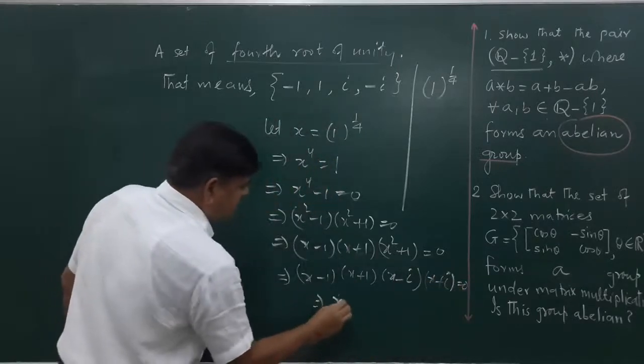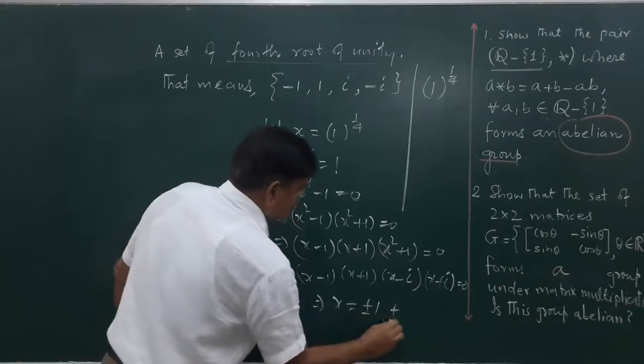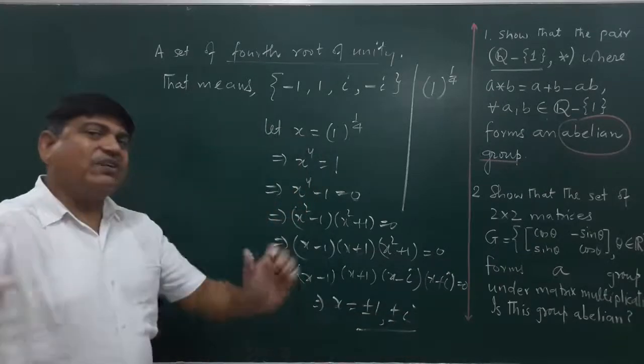This is x equals plus minus 1, plus minus iota. We have already discussed this.